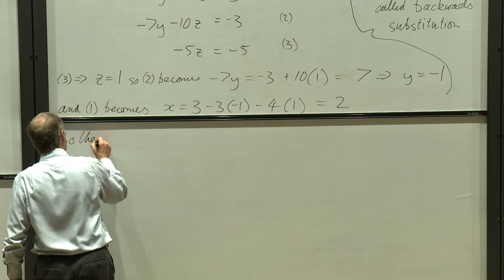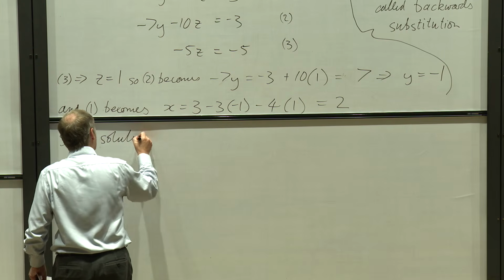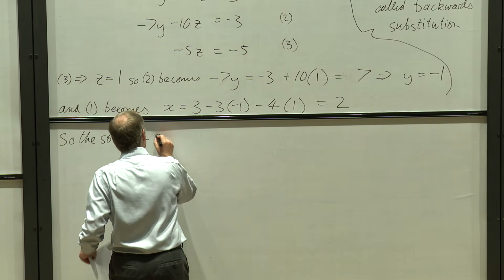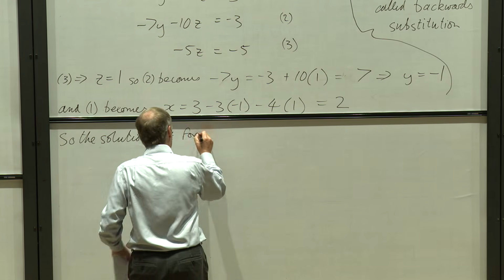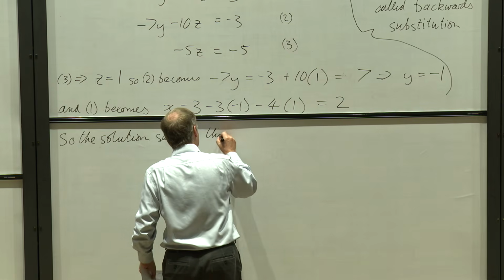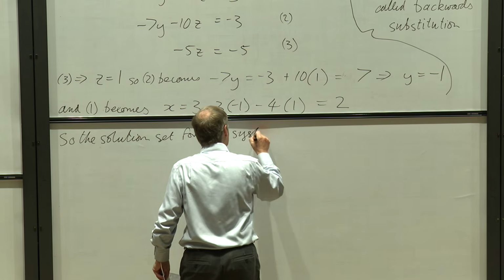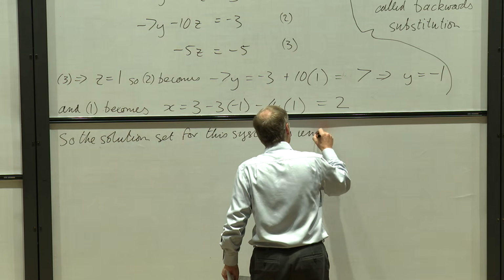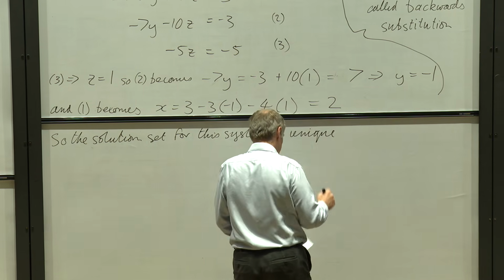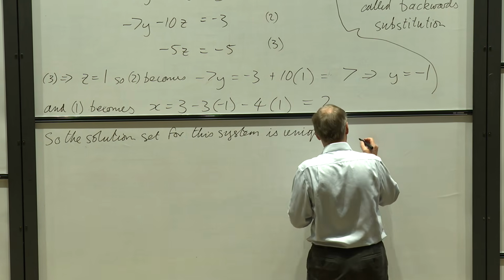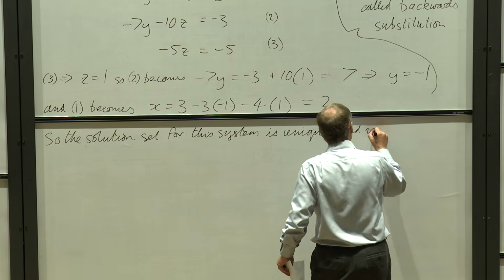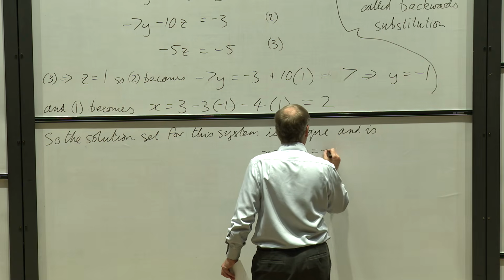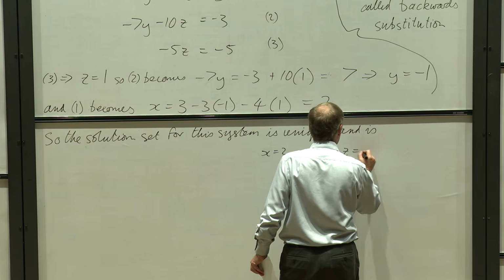So the solution set, well, the solution here, okay, the solution set for this system is unique. Okay. And x is 2, y is minus 1, and z is 1.